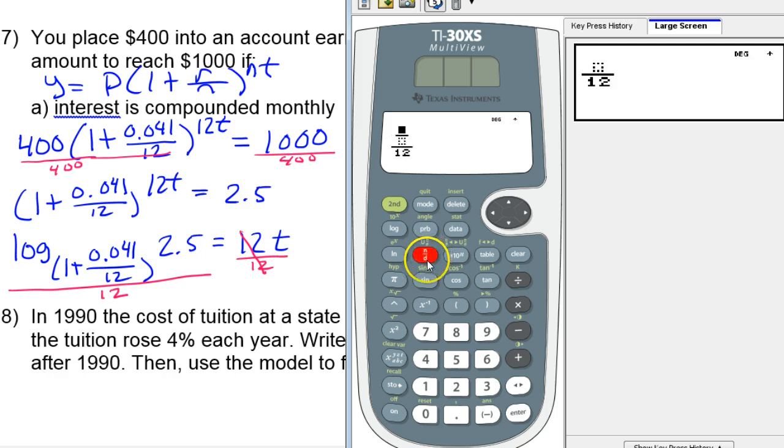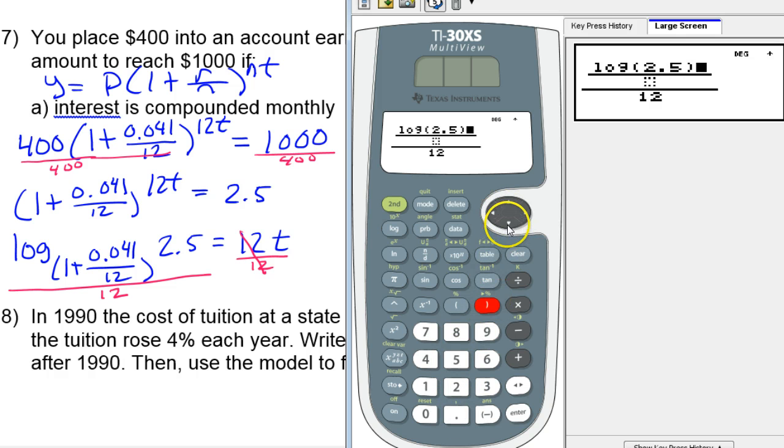So I need to make another fraction up here. So I will do log 2.5 over log 1 plus, and I'll need another fraction.